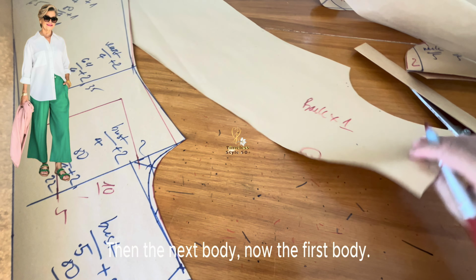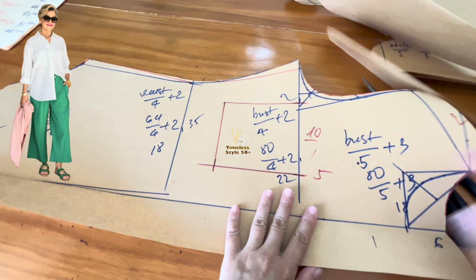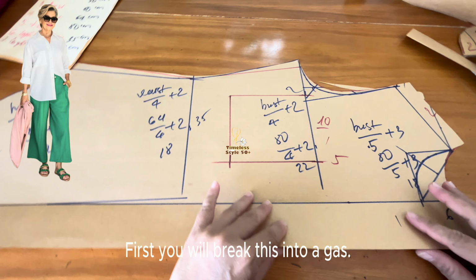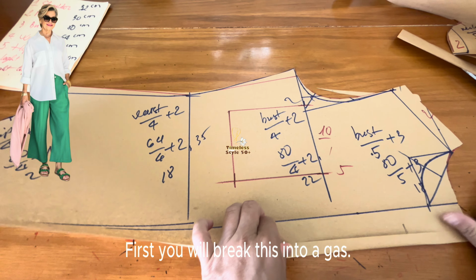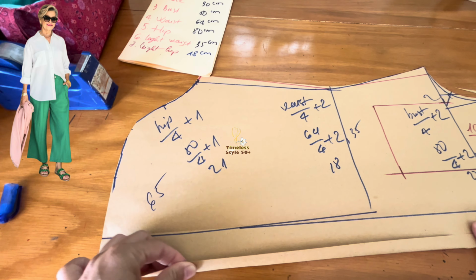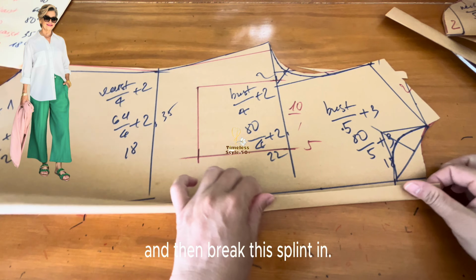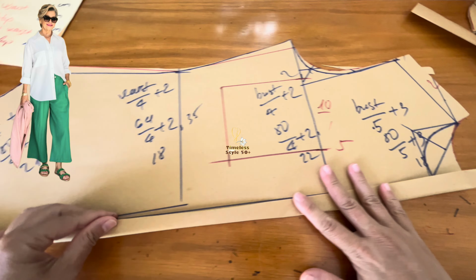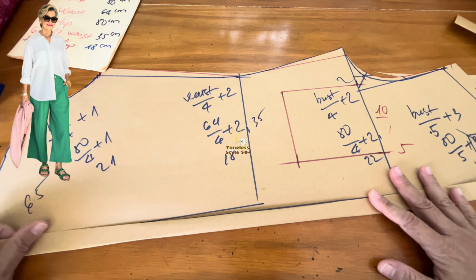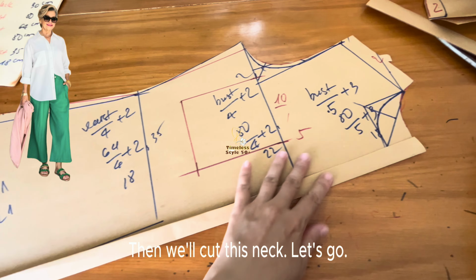Then the next body, now the first body. First you will break this into a gas. And then break the splint in. Then we'll cut this neck.